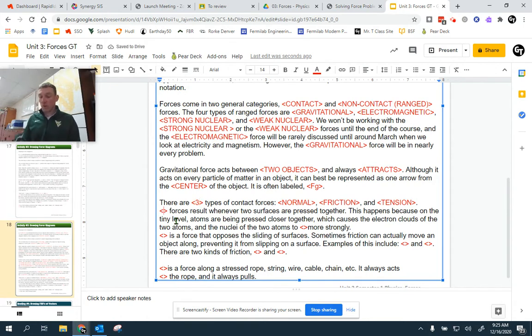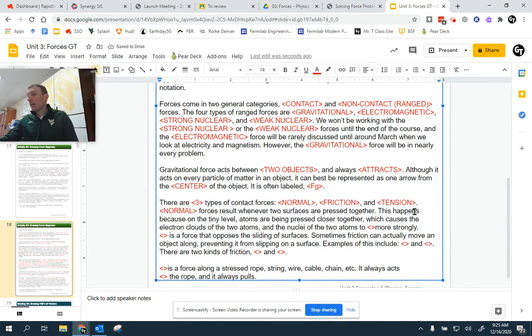Whenever 2 surfaces are pressed against each other, that is our normal, that's our definition. This happens because of the tiny atoms being pressed closely together. The bond length between those atoms is being compressed, and so the repulsion of those atoms is pushing back, and the sum of those is called the normal force.